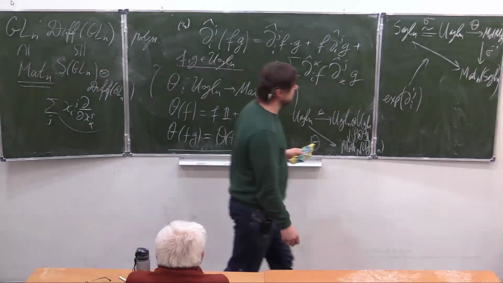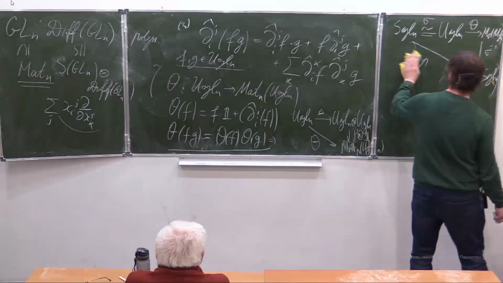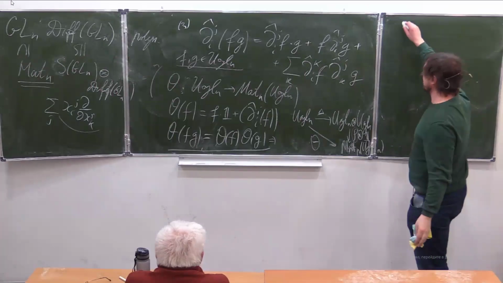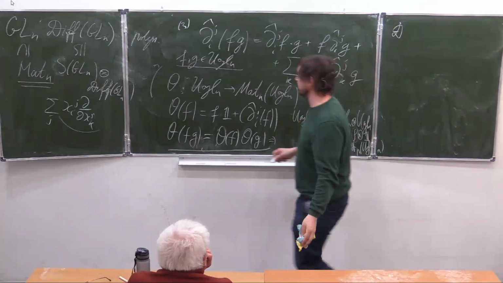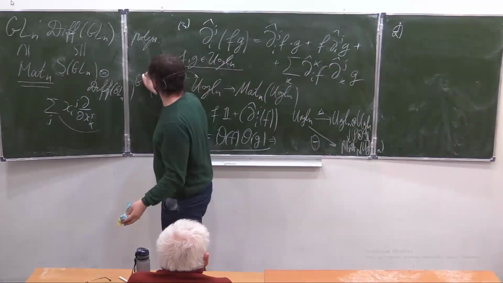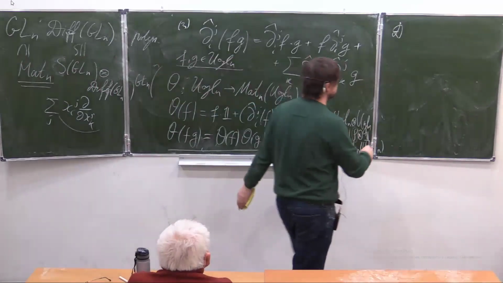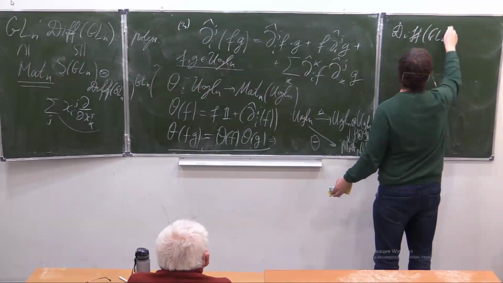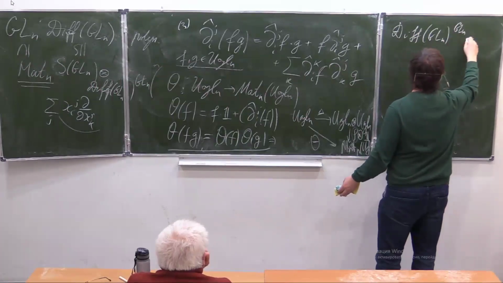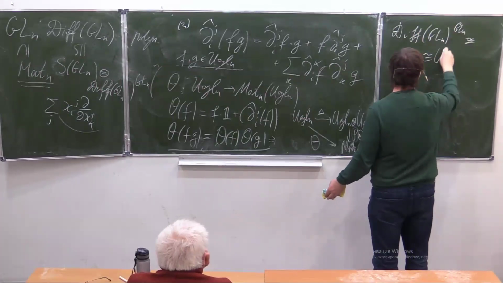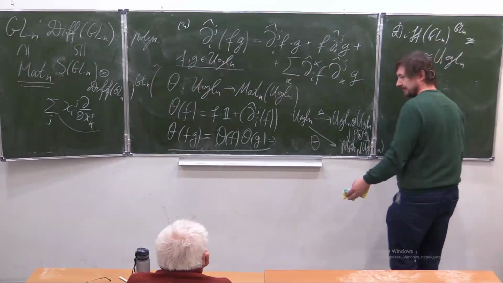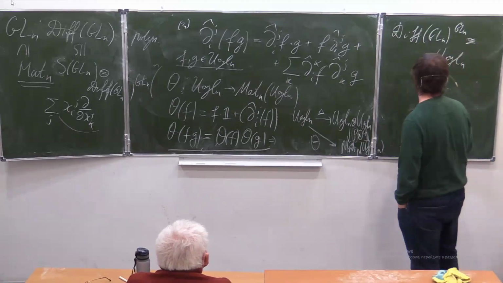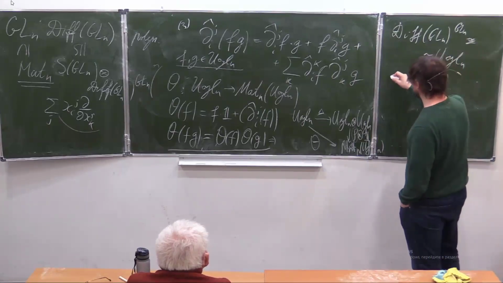Now we can actually use this identification that left invariant differential operators on GLN is nothing else but the universal enveloping algebra UGLN, right? And then you can do the following trick.